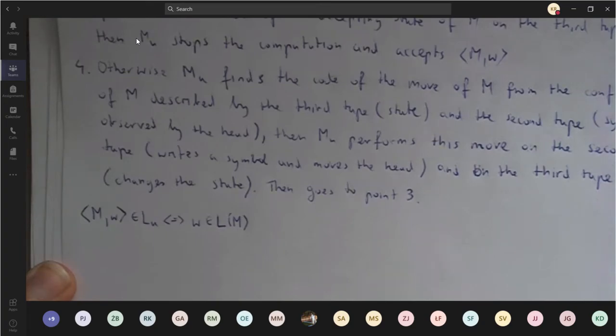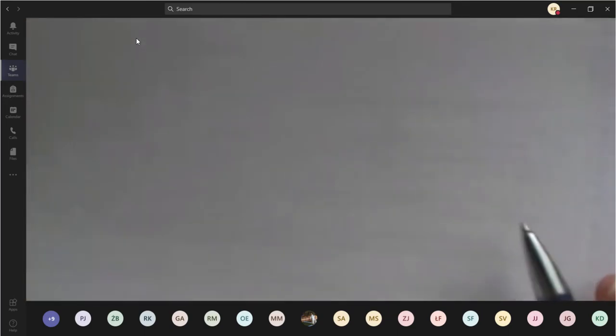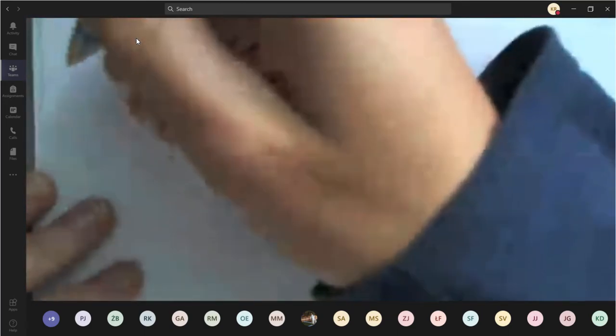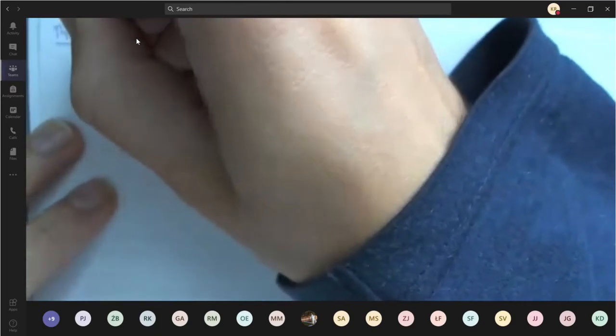And now we will show that the universal language is not recursive.